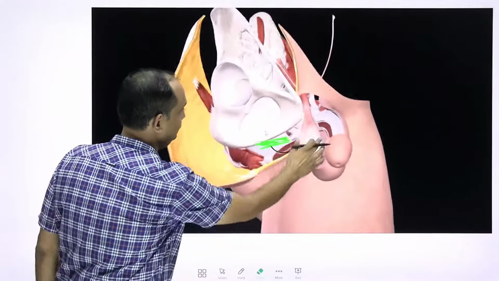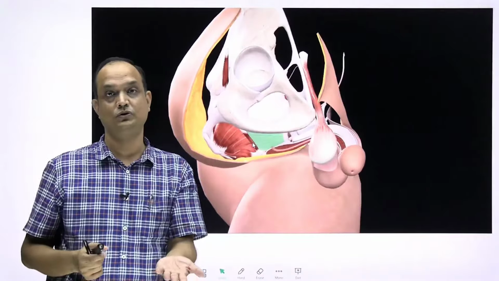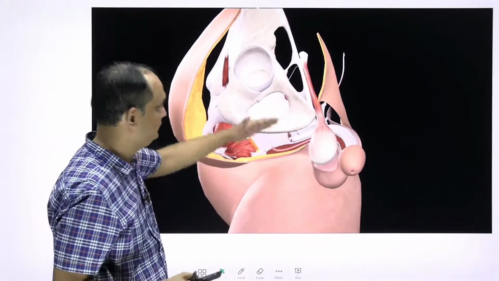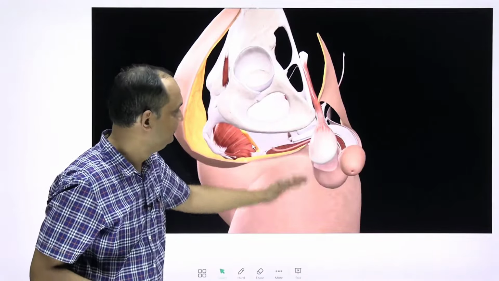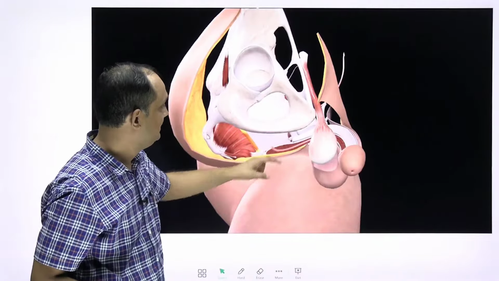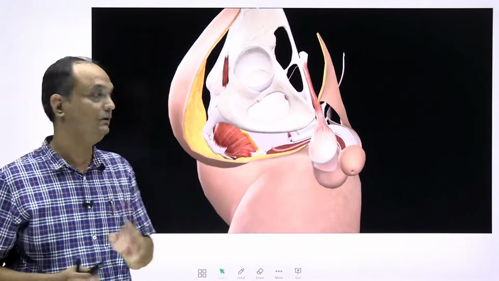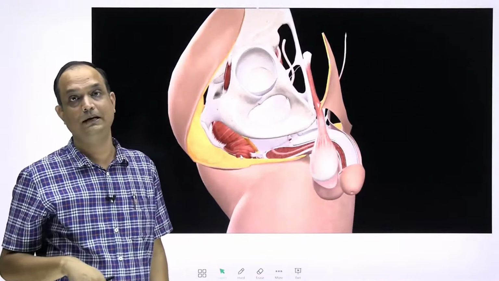So this is what you have to understand, what the superficial perineal pouch is. When you are doing the dissection from outside to inside, you have to remove the skin, you have to remove the Colles fascia, and then you will find these contents. But my dear friends, you have to understand that you have all these structures below the perineal membrane.